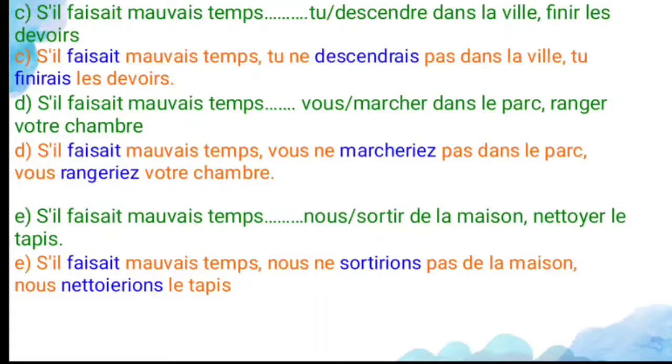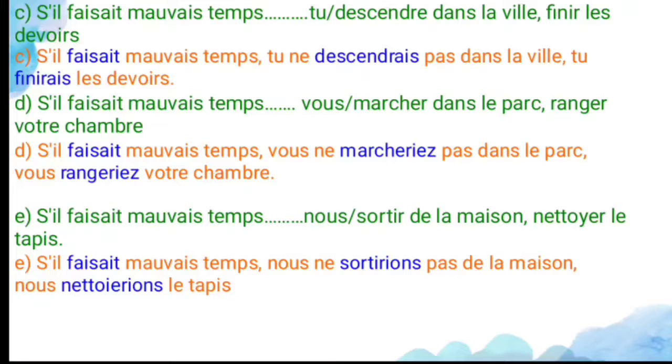And E1 is s'il faisait mauvais temps, if the weather was bad. And nous, sortir means to go out, de la maison means house, and nettoyer means to clean, le tapis means carpet. And let us make the answer. S'il faisait mauvais temps, nous, negative sentence, ne sortirions pas de la maison, so we would not leave the house, and we would clean the carpet.